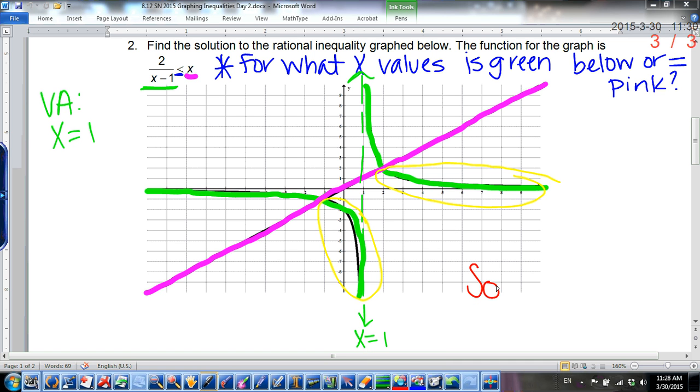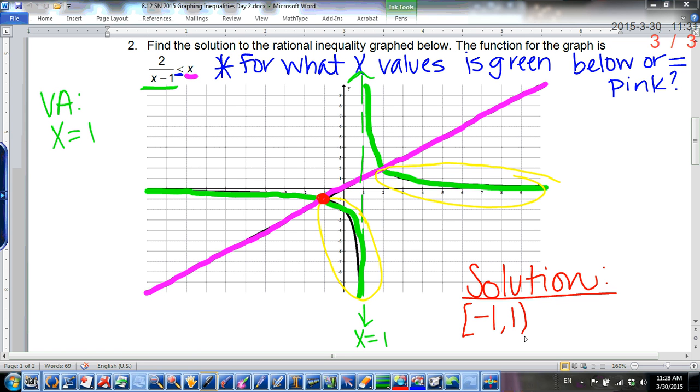So if we were to write our solution, we're going to start at our intersection point. What's that x value? -1. And since we have less than or equal to, what do we want around -1? Bracket. So -1 up to what x value? 1 for a vertical asymptote. Parentheses, why?